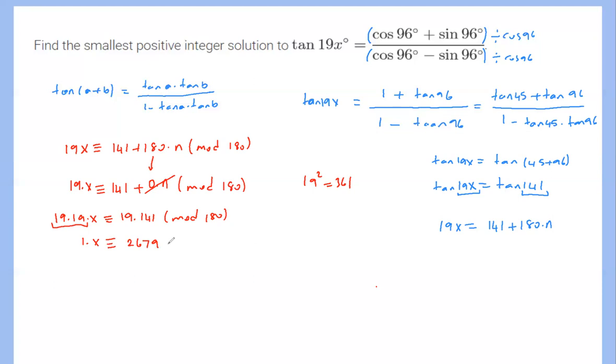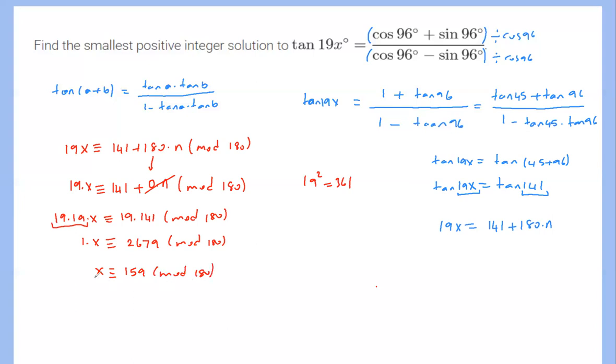Let me double check. Yes, that is 2679, mod 180. So you divide 2679 by 180, and you get the remainder, which is going to be congruent to this. So the left side is x is congruent to 159 mod 180.